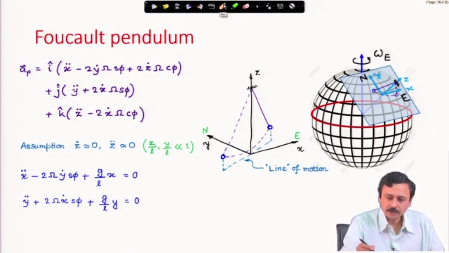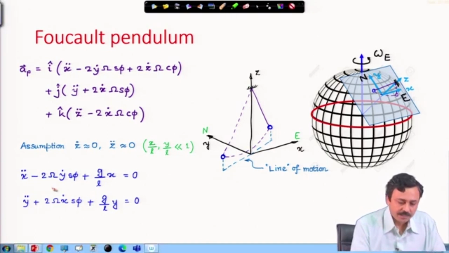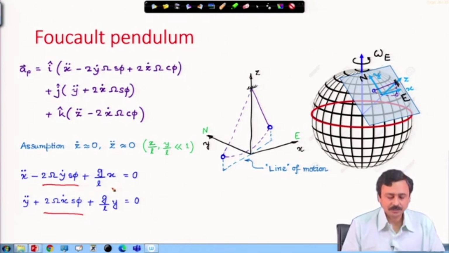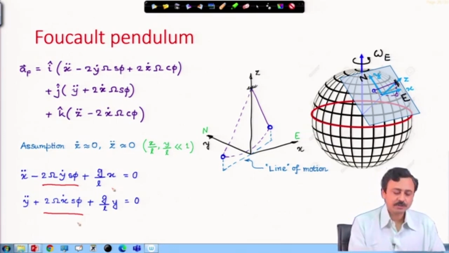Here, because of the rotation of the earth, we have these two extra terms in the equation of motion. Otherwise, the first term and the third term are the standard terms that we normally come across in the equation of motion of a pendulum, which we also derived when we discussed the pendulum. Because of the rotation of the earth, we have these additional terms.